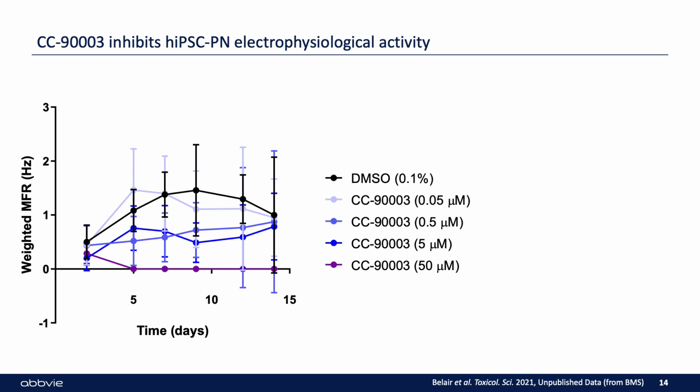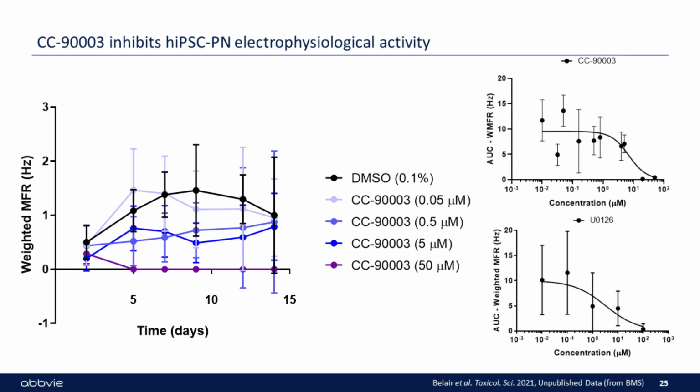Importantly, the model system was sensitive to effects of CC90003. We did perform a dose-response characterization, and at this point I'd like to point out that throughout the 14-day culture, we see effects over time, and the easiest way to quantify those effects in time is to calculate an area under the curve of each metric over time at each concentration of chemical.